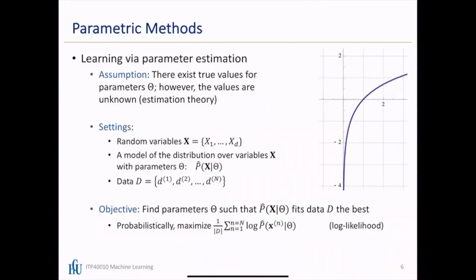Today we are going to cover parametric methods. Again, there exists a true value for your choice of template, so our goal is to find those true values of the parameter. But at the same time, our big assumption is that you cannot find the exact value for the true parameter. The setting is like this. You have a set of random variables, basically a vector x, and the model distribution expresses the probabilistic distribution of your data space.